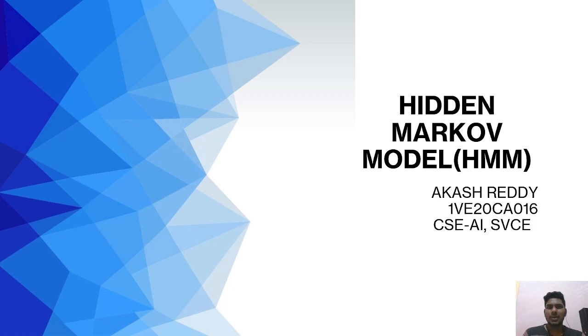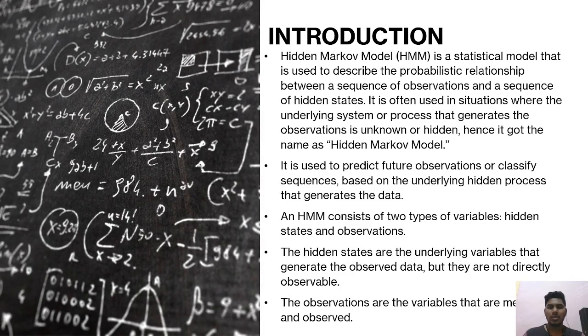So today's topic is Hidden Markov Model, shortly known as HMM. At first, what is HMM? HMM is a statistical model that is used to describe the probabilistic relationship between the sequence of observations and the sequence of hidden states.